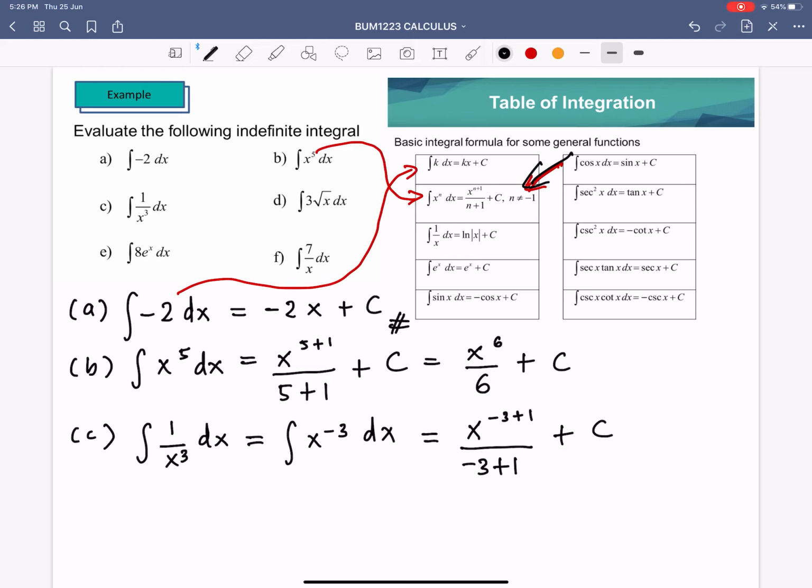This is equal to negative x power of negative 2 over 2 plus c. Usually when we write our final answer, we don't want negative powers, so we will rewrite this answer as negative 1 over 2x squared plus c. So this is the answer for question C.